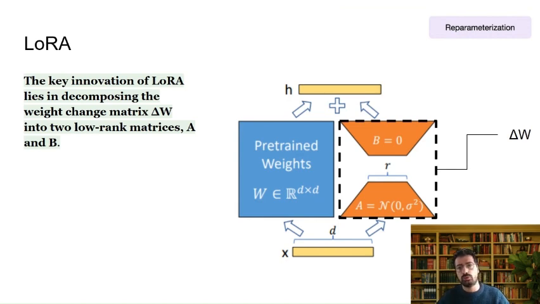And then what happens is that the adaptations to the weights that would be done through training are decomposed into two low rank matrices, A and B, that you can see in orange there. And the concept behind this is, how can we represent delta W by two low rank matrices, and what's the use of that?